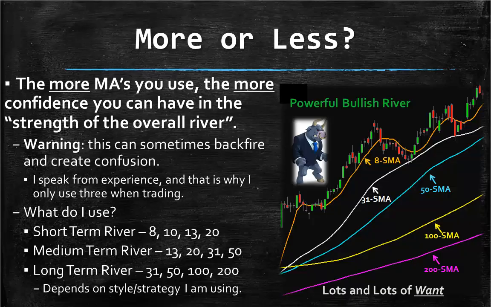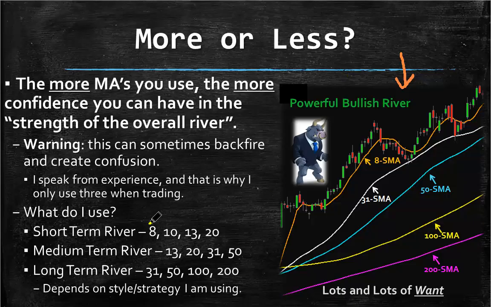And this is defined as this picture. I'm staring at it as I say this, but I forgot that you don't know what I'm staring at. Regardless, what do I use? I use different combinations, and it depends on the style and strategy I'm using. But for my short-term river, I use the 8, the 10, the 13, or the 20. This is a good example of how things differ with strategies.